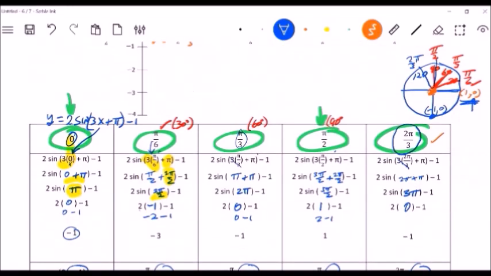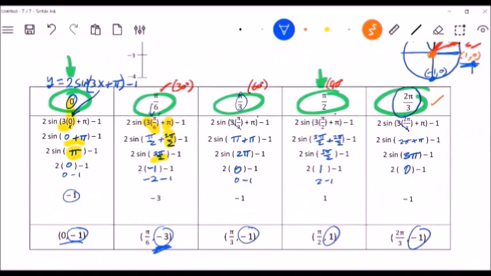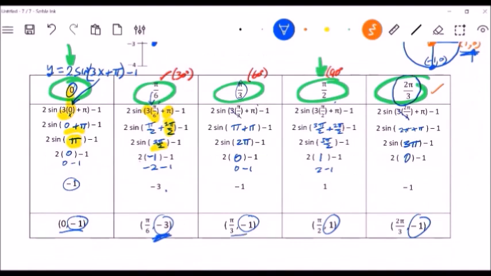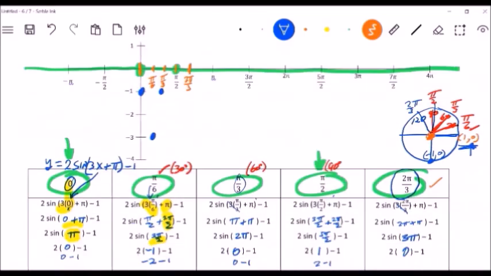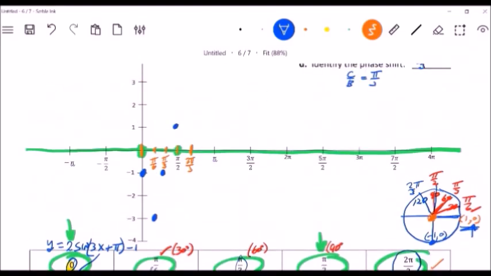So for 0, we still go to 0 and -1. For pi over 6, we're going to -3. For pi over 3, we're going to -1. For pi over 2, we're going to +1.